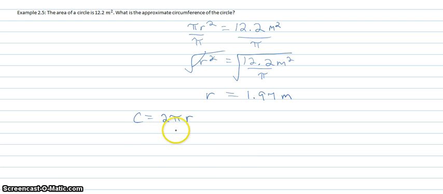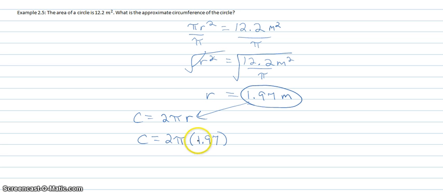So what we'll do is fill in 1.97 for r here, and multiply these together, and that'll give us approximately 12.38 meters for our circumference that we were looking for.